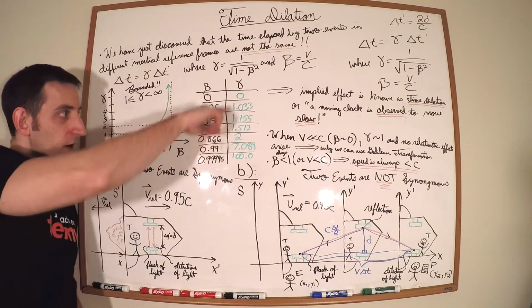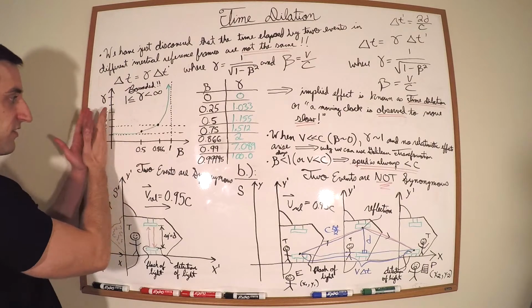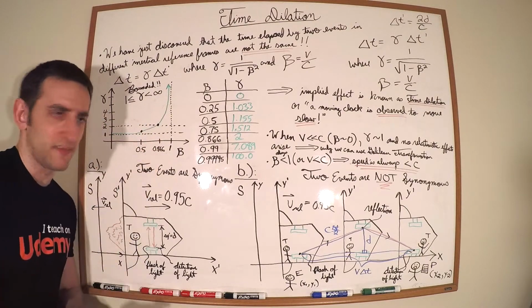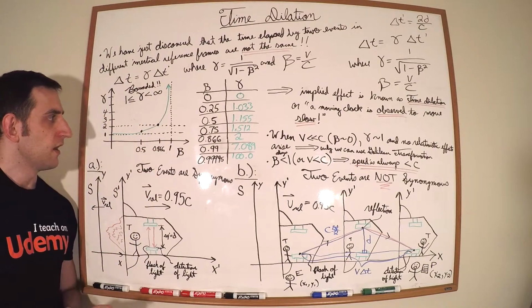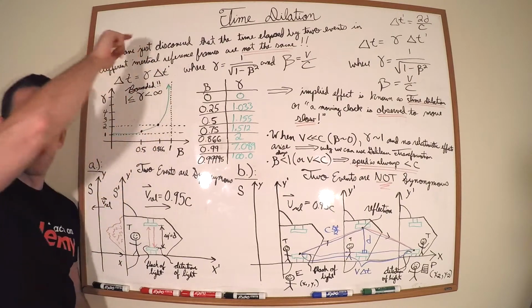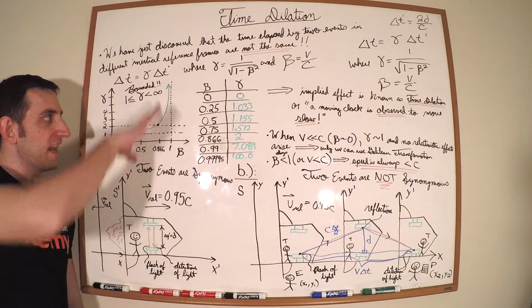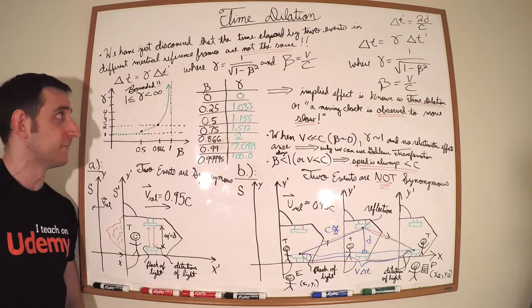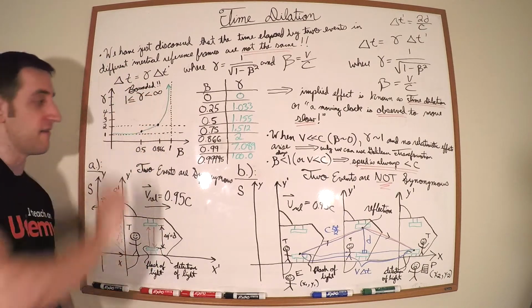So at these small ranges, below 0.8666, we're close to 1. There's not much of a change. And then above that, whoo, it blows up. We start getting these awesome effects coming into play, and that's where it's bound by infinity.